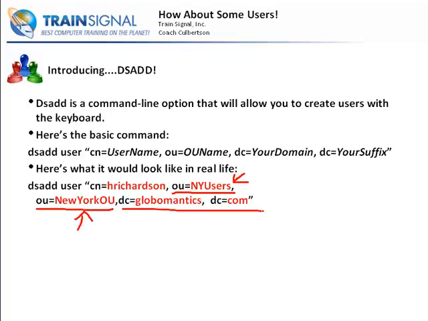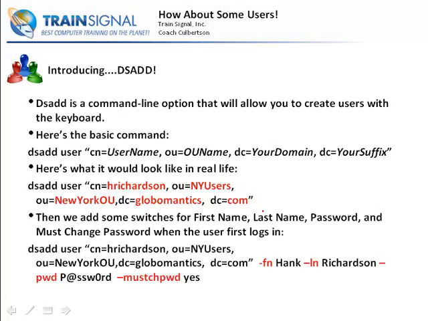Now I know it looks kind of like spaghetti initially, and it's going to take a little bit for you to get your head wrapped around it, but I promise once you do, you're really going to dig it, because here's the thing. We also need to add in some switches for first name, last name, password, must change password, all these things. Now these switches, let me point them out to you here.